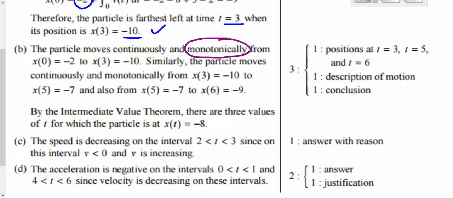It moves continuously from -2 to -10, and then -10 to -7, and -7 to -9. So we've talked about all these positions, t equals 3, t equals 5, and t equals 6. Description of motion, we said that it moved from the left to the right. So that description point, I don't know if we would really get that from here because we didn't use continuously.